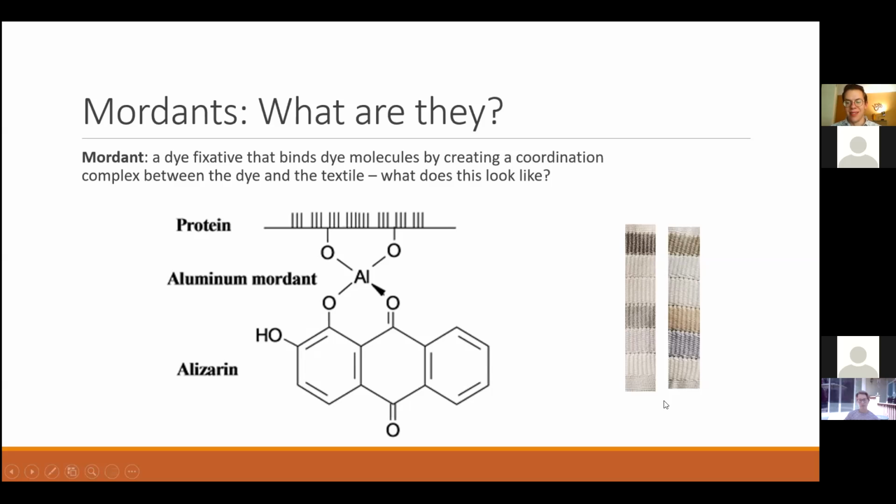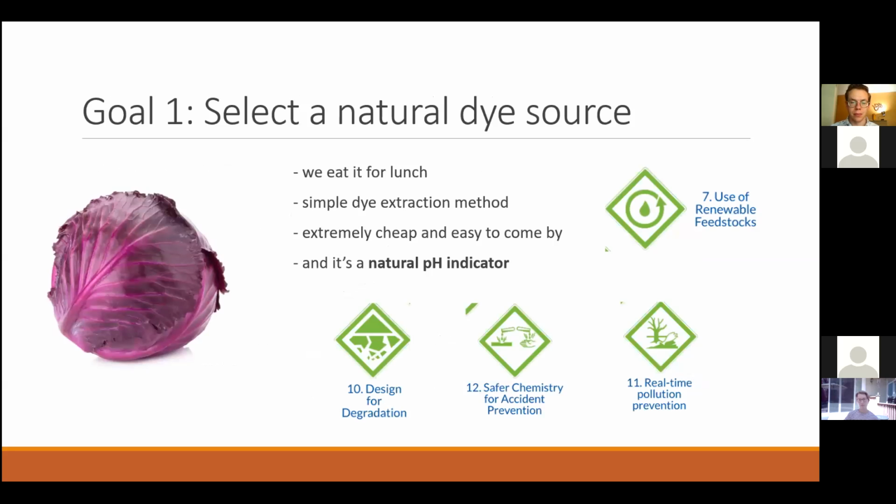So the difference is obvious, and they come quite in handy. Often, mordants will accompany a natural dye for the reason of changing the color, because natural dyes, like I mentioned before, don't dye very brightly. So often mordants can be used to help increase the intensity of the color.